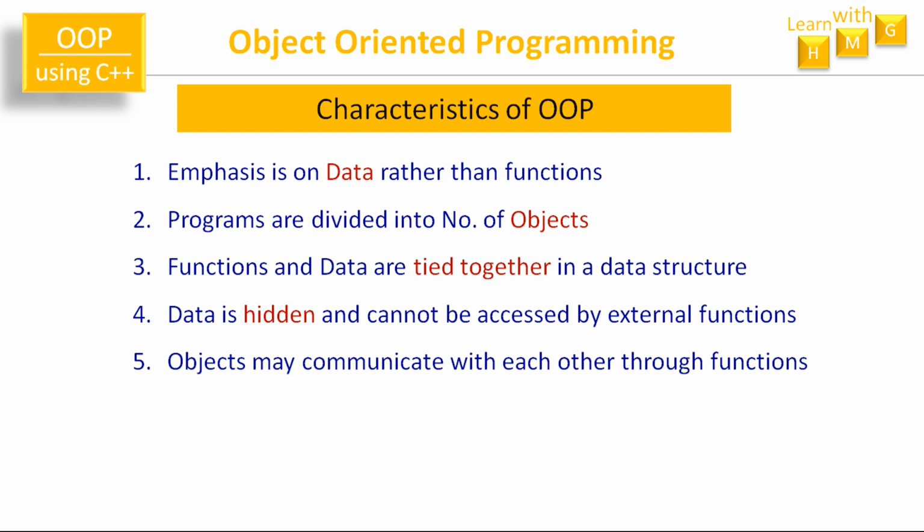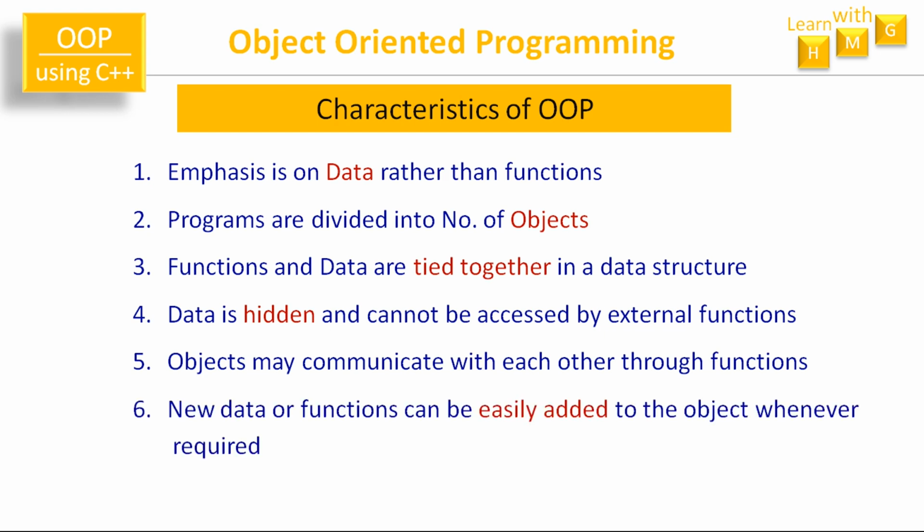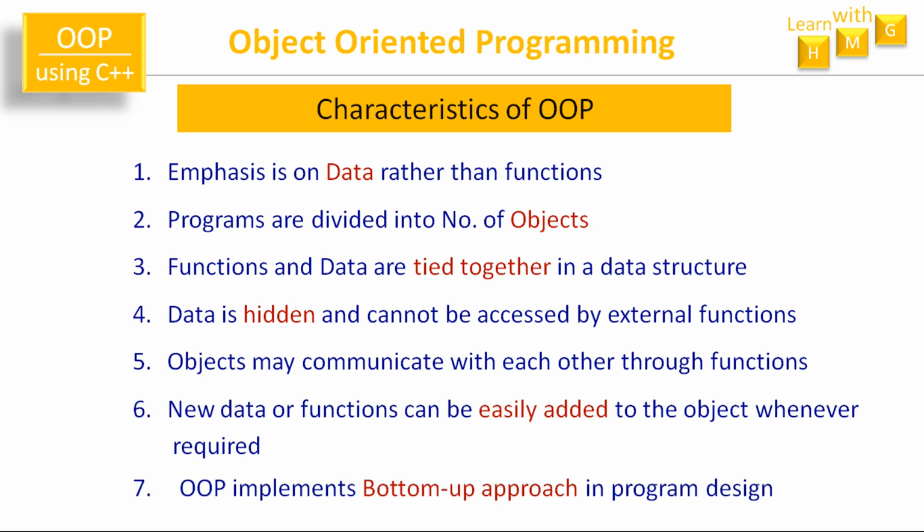In a program, communication is required. So that communication will happen with the help of functions. New data or functions can be easily added to the object whenever required. As the functions are part of that single object, you can easily add any number of functions at any time whenever required.